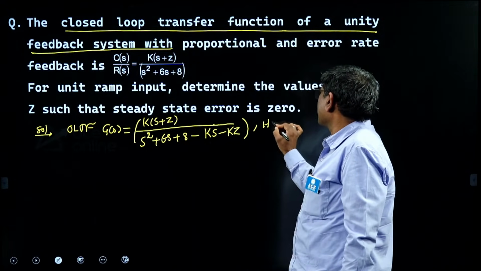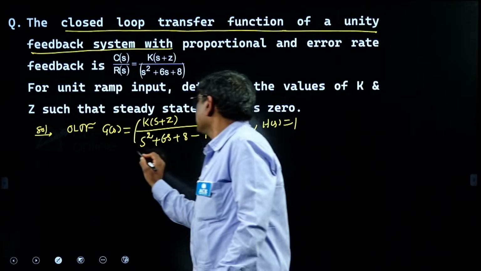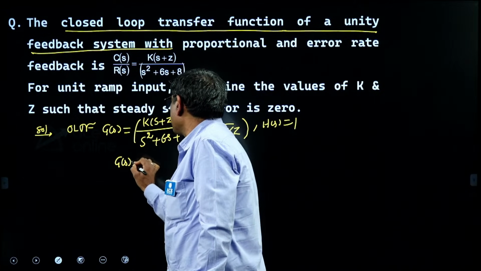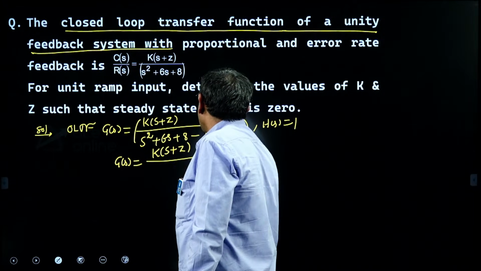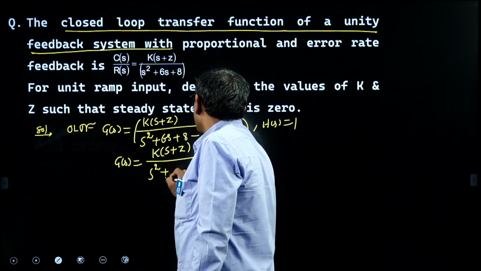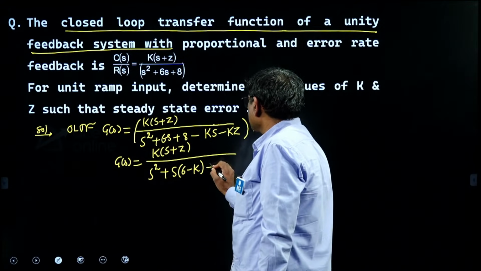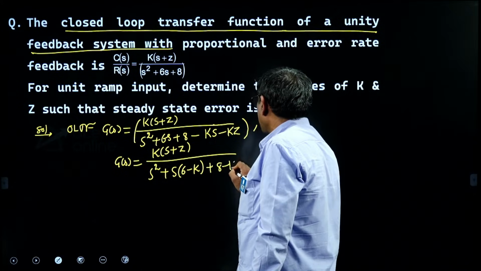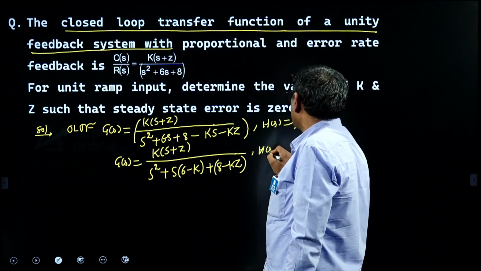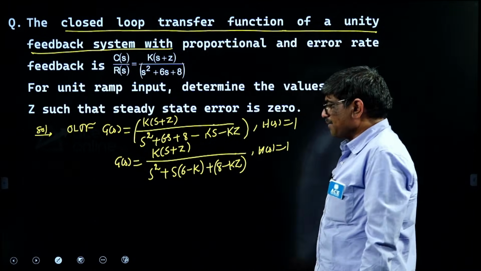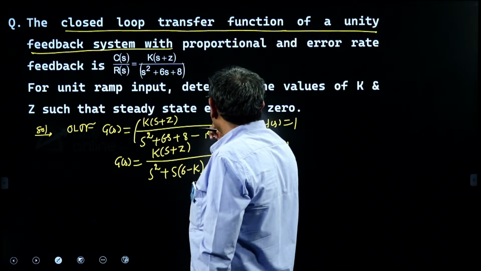Then H of S we can write as 1. So the S terms and constant term, take them separately: K into S plus Z divided by S square plus S into 6 minus K plus 8 minus Kz. H of S equal to 1. So here what do we require?